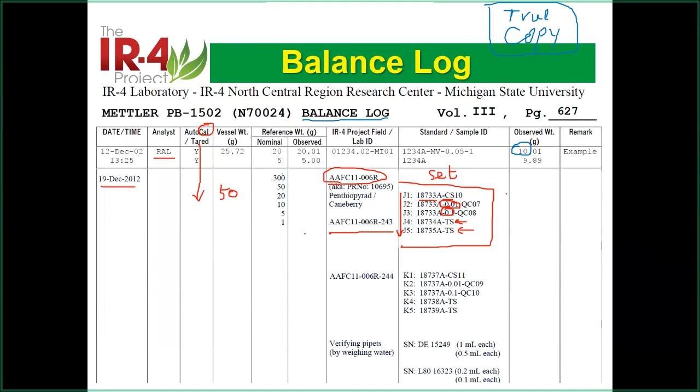Then you put it down there. How many? Okay, I weighed 10.1 gram for this control, 10.00 for this spike sample, 10.02 for the next one, 10.00 for this one, and this one is 9.99.